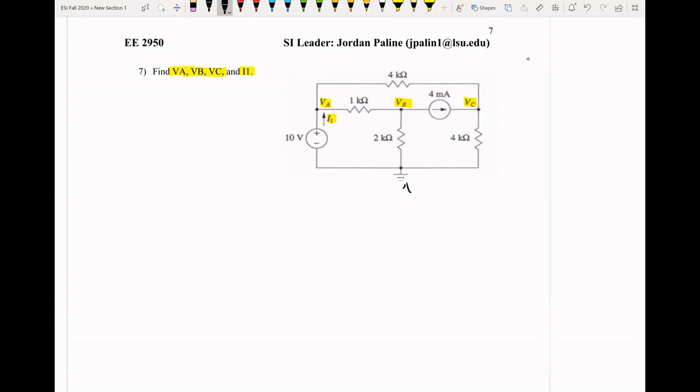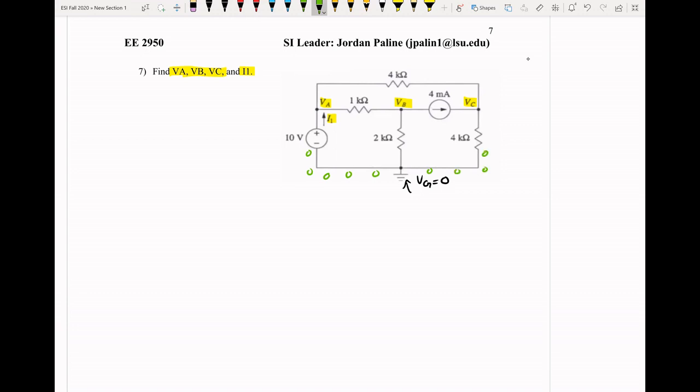And if you see, they give you a node, so V of G down here is equal to 0. So that's pretty useful for us. And if we have a ground, that kind of implies that we're going to go ahead and do the nodal analysis method. So let's take a look at what this looks like. If we know this is 0, then everything along this wire here is going to be 0 up until it hits an element.